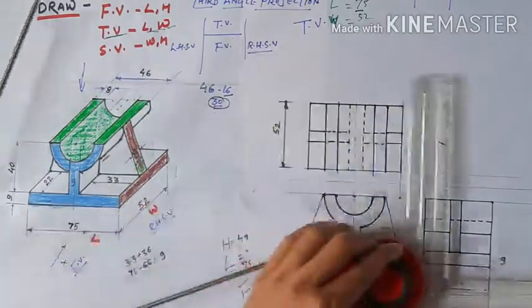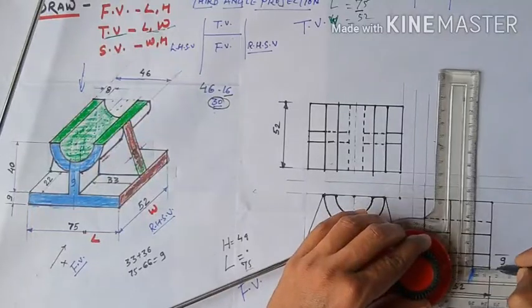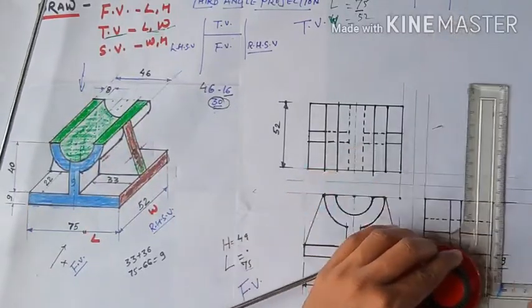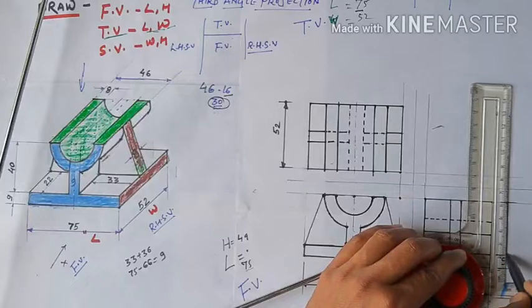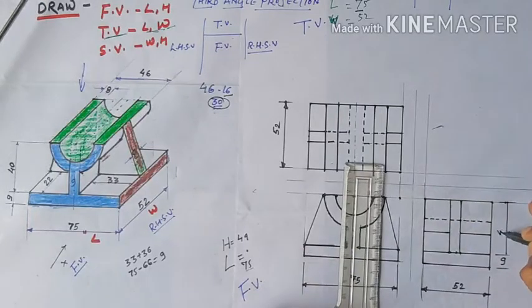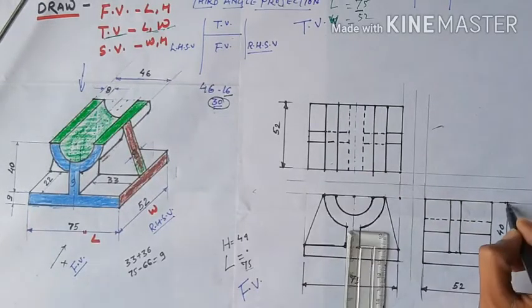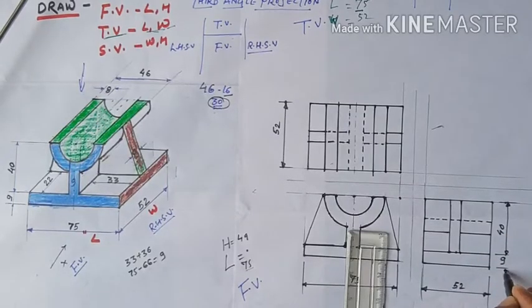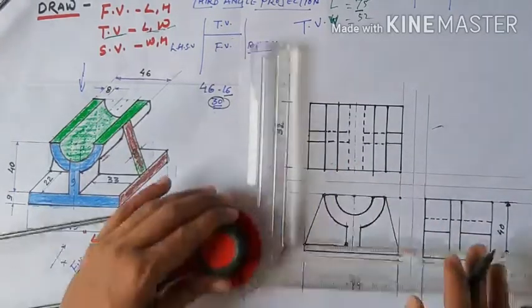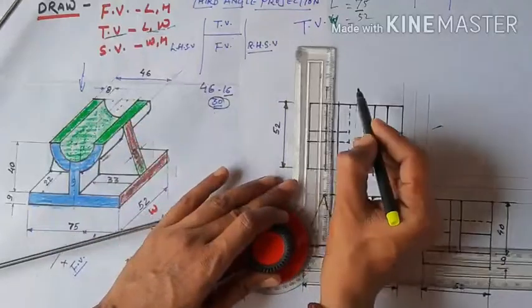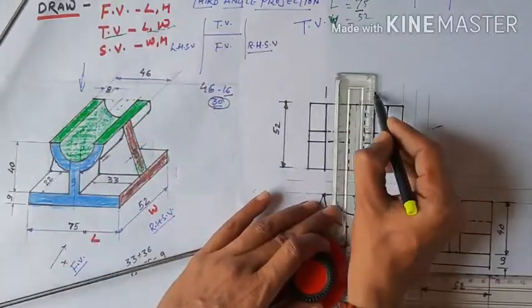So this is your 9 mm. Now what about this? This is your 40 mm. This is your 9 mm, this is your 52. And what about this?